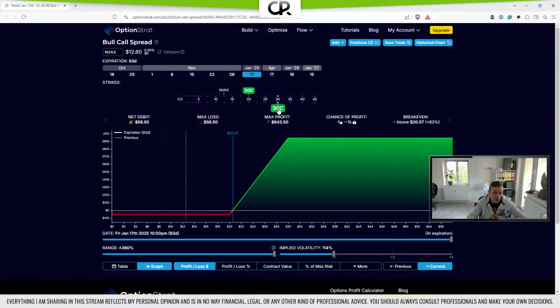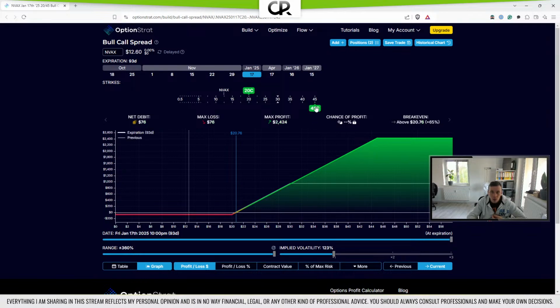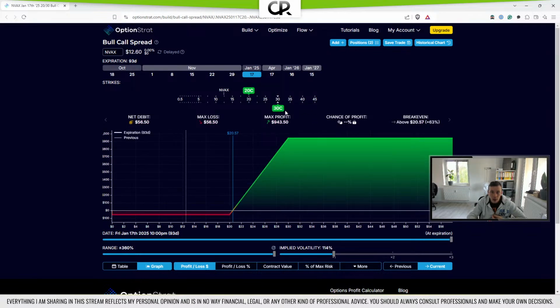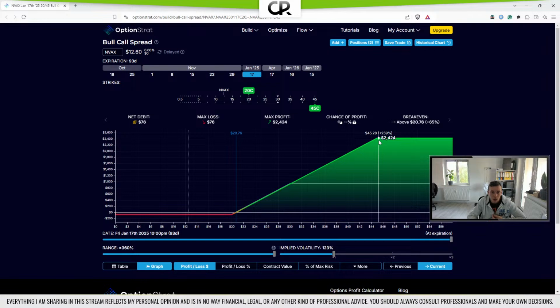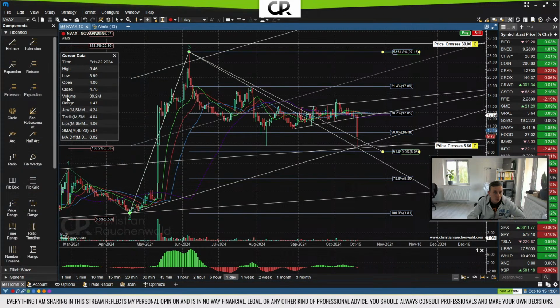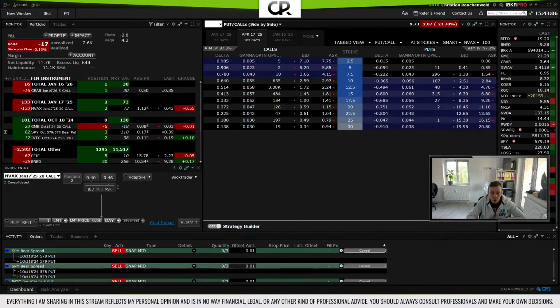So instead of $56, it's then $76. But also instead of being limited to $900, we would be limited at $2,500. So yeah, we get more than double the profit if we are completely right for only half the risk more. So that would probably be an option. So that's for January.